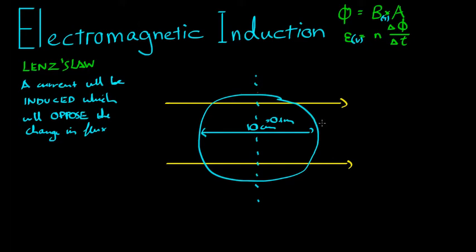The strength of the magnetic field is equal to 0.5 Tesla. And the number of wires in this loop is 1. We say loop generally means 1 wire.